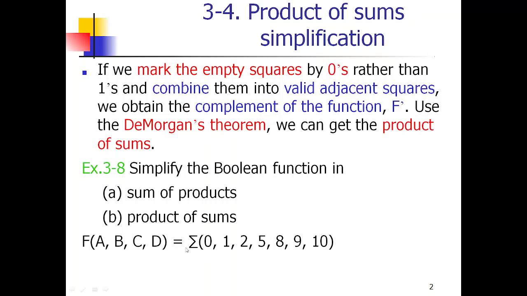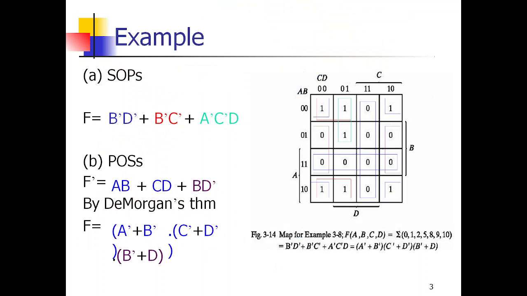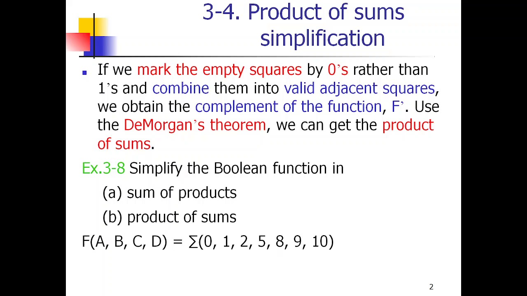If the problem is given as pi, we have to consider the minterms given in the boolean function. For these minterms, we have to plot the values as 0, and we have to write the boolean function. Okay, so remember the difference: what has to be done if pi is given, and what has to be done if summation is given.